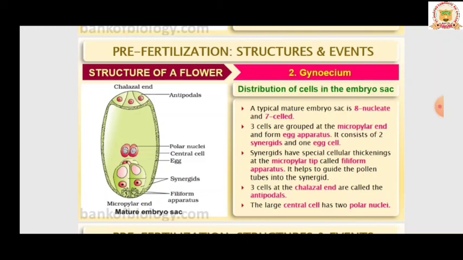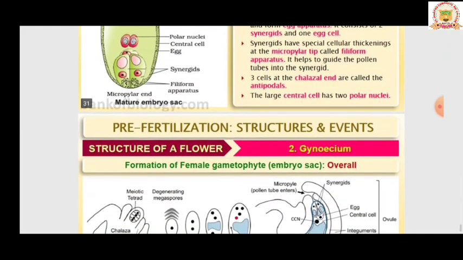A typical mature embryo sac consists of 8 nuclei and 7 cells: 3 cells at the antipodal region, 3 cells at the micropyle region, and 2 haploid polar nuclei at the center of the embryo sac. This is the typical structure of a mature embryo sac.